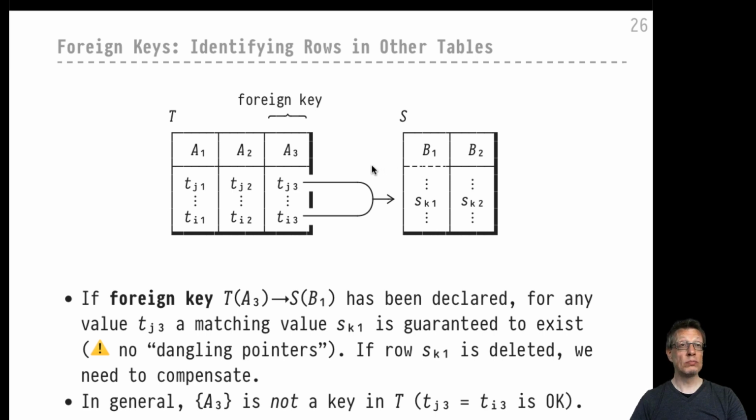So we are protected from entering key values in this column that point to nowhere. That's impossible. We cannot do that. The system will protect us from that. No dangling pointers. So that's actually progress over the references or pointers in your everyday programming languages.